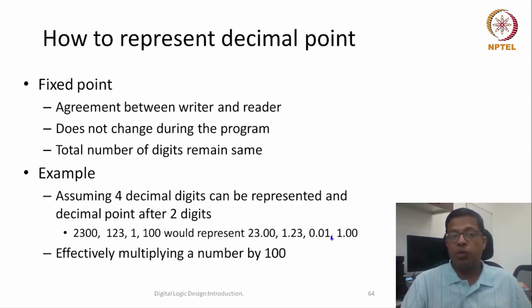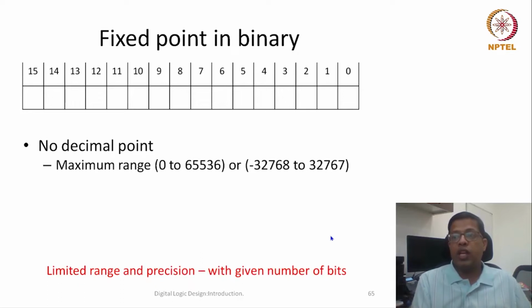Now let's take an example of binary numbers. Let's consider that we have a 16-bit number. This could actually be a 32-bit number or any other size, but let's say we are fixing the size of our number as 16 bits. For the sake of completion, the maximum range of a 16-bit number would be 0 to 65,536 if the number is considered completely positive, that is, only unsigned representation.